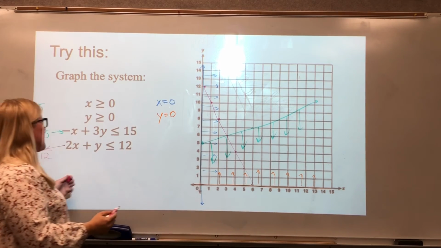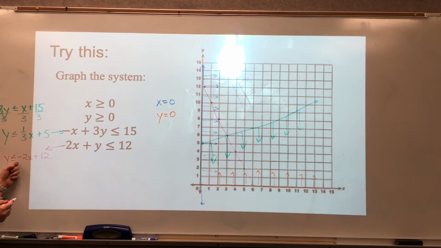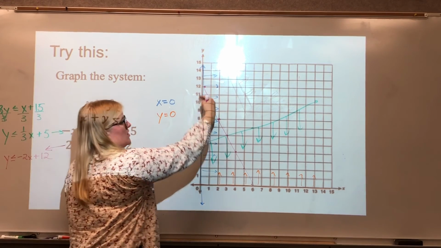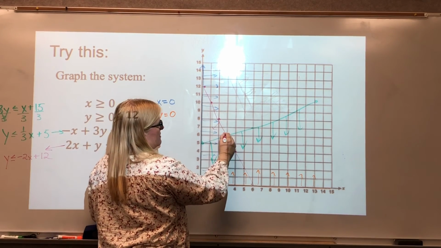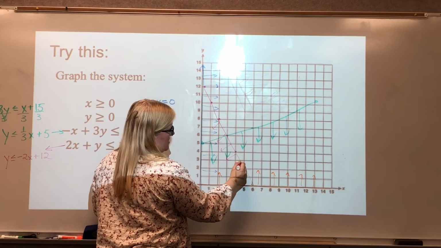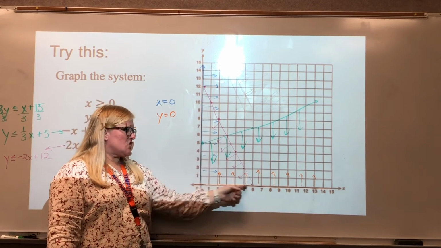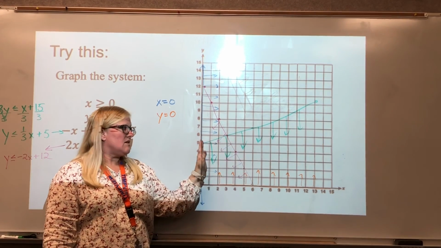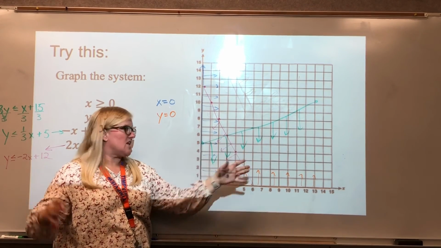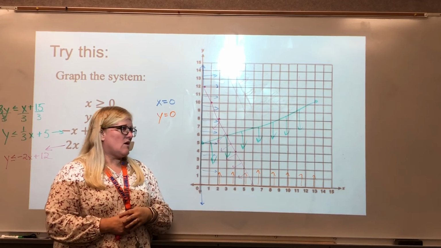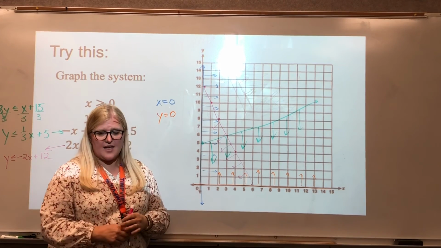Okay, and you can probably guess what this is going to be. Y is less than that, so we're going to go below again. So what we've got here is a bounded shape. It doesn't go to infinity anywhere. It's bounded. Okay, so that's hopefully what you got.